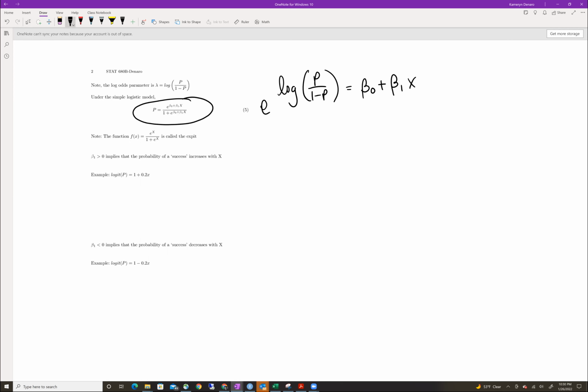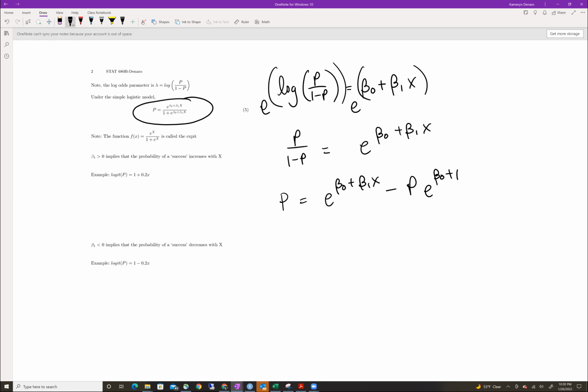If we exponentiate both sides, we get p over 1 minus p equals e to the beta 0 plus beta 1x. Then we continue by saying p equals e to the beta 0 plus beta 1x minus p times e to the beta 0 plus beta 1x.